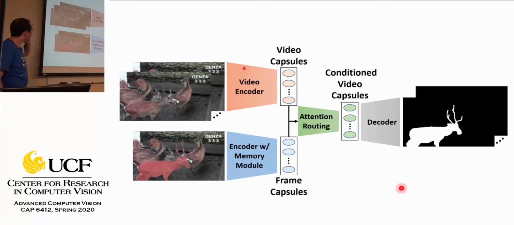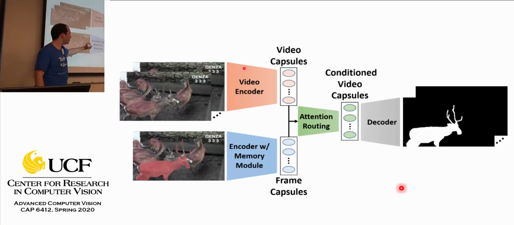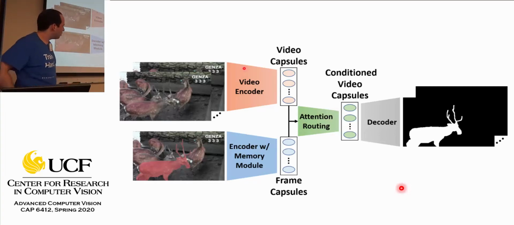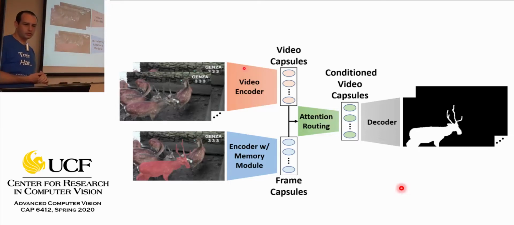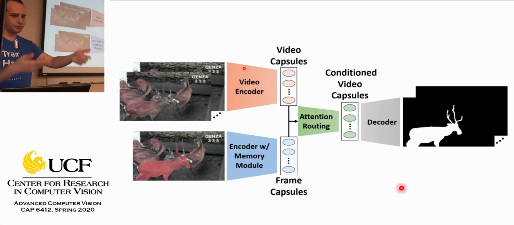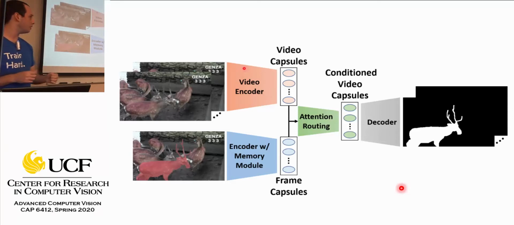Okay. So we create the video capsules and the frame capsules. The original routing by agreement doesn't do this type of conditioning which we want. What routing by agreement does is we have a set of, let's say, n capsules in one layer, and we want to map them to m capsules in the second layer. It just finds the agreement between all those capsules in the first layer.